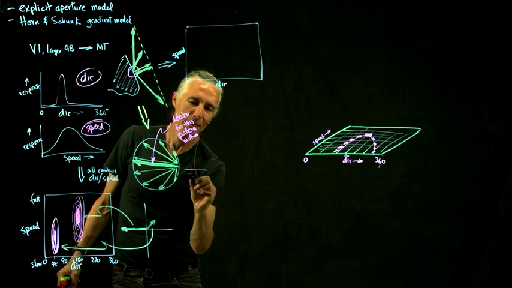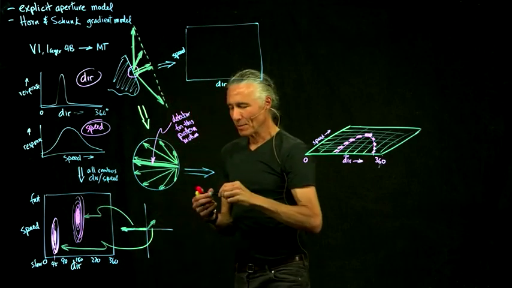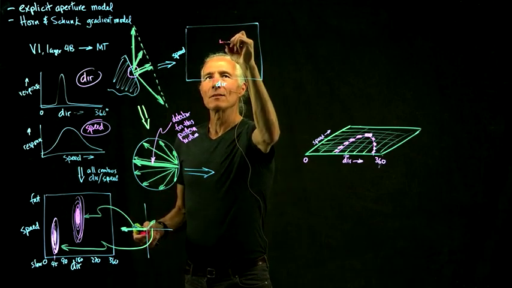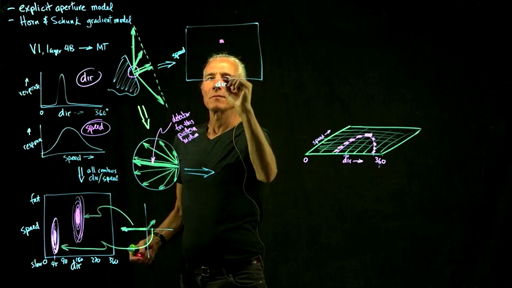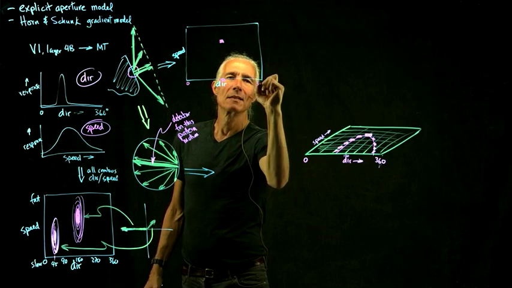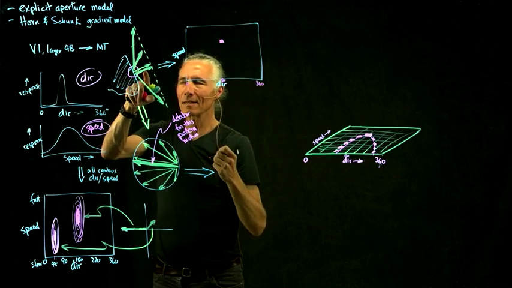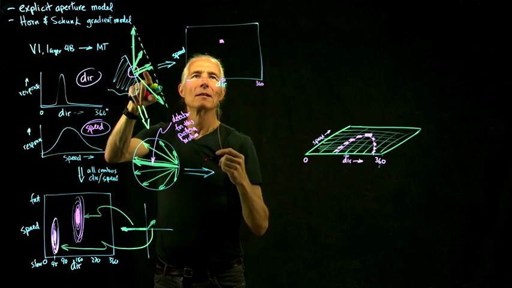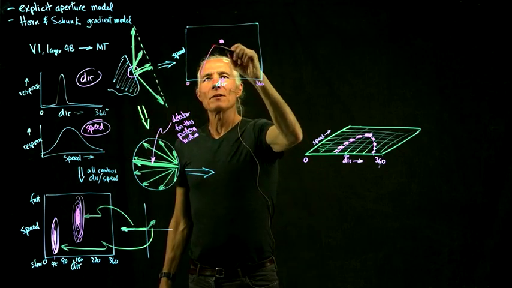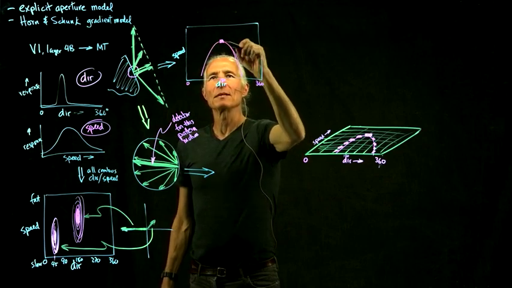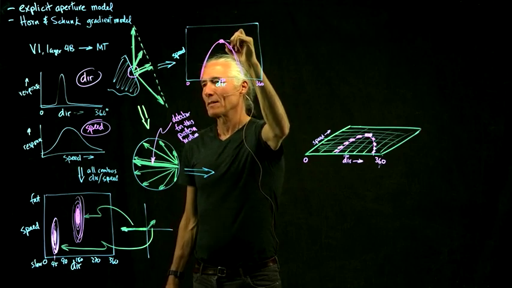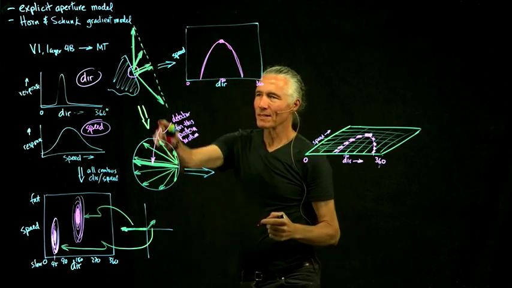If we have a signal that comes in at 180 degrees and relatively fast, it's possible that that's actually the pattern direction. And here's all the different possible combinations of directions and speeds that are consistent with this pattern direction.